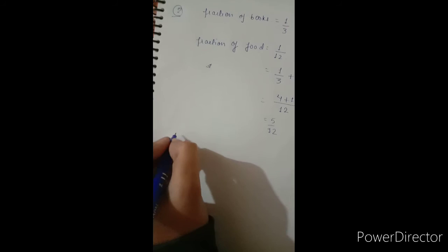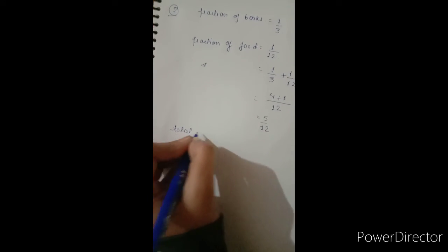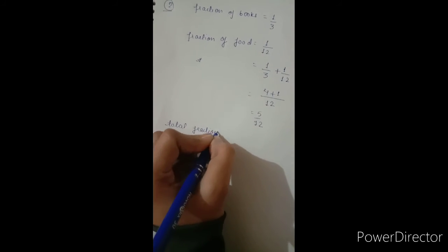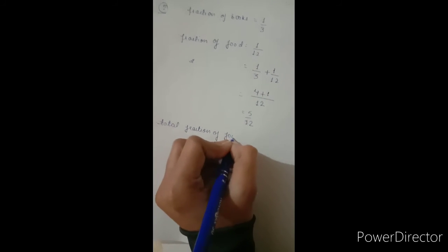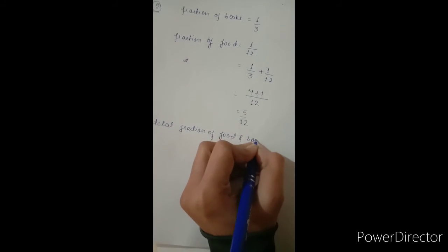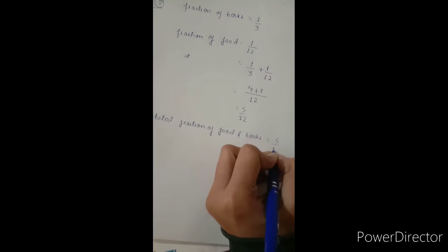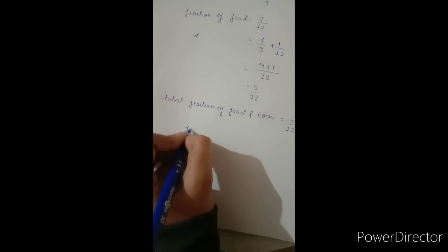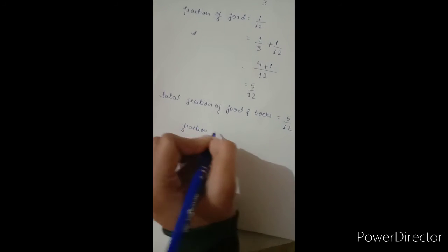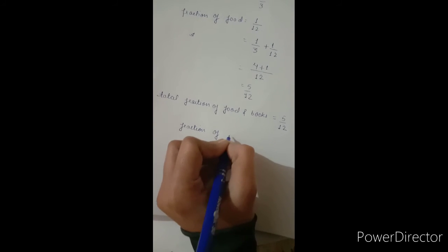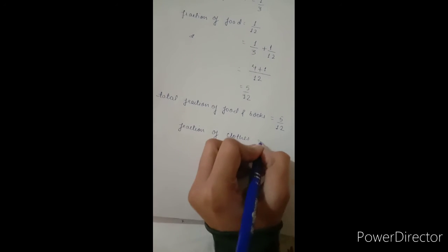So the total fraction of food and books is 5/12 and the fraction of clothes is also 5/12. So we can say that the total amount she spent on books and food is the same as the amount spent on clothes. Why? क्योंकि यदि फ्रैक्शन सेम होगा तो अमाउंट ऑफ मनी भी सेम ही होगी. ठीक है.